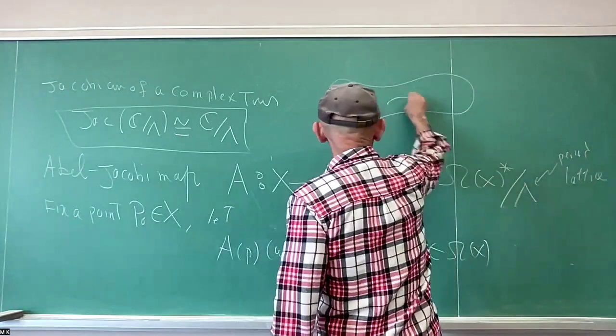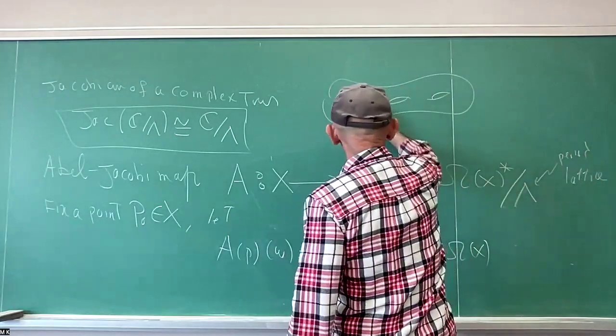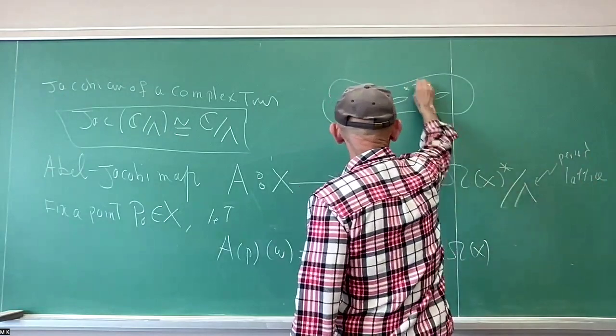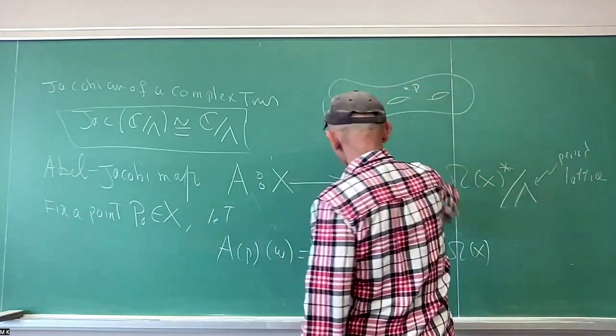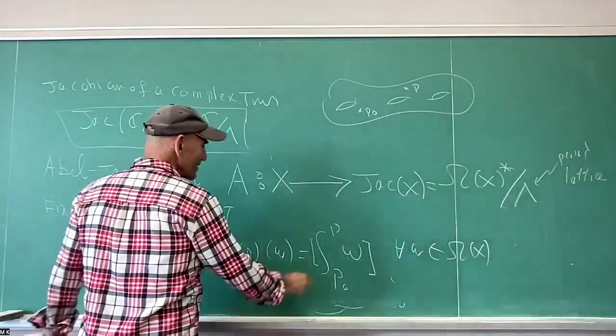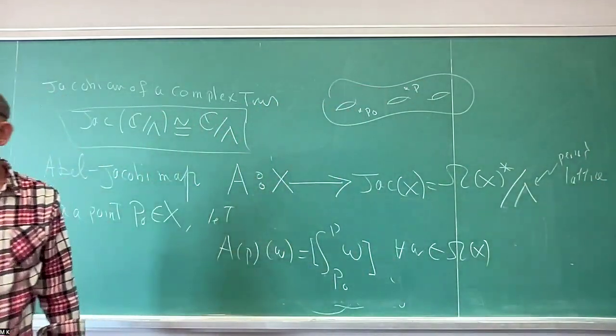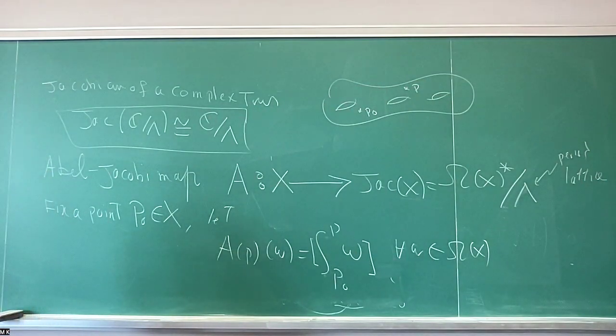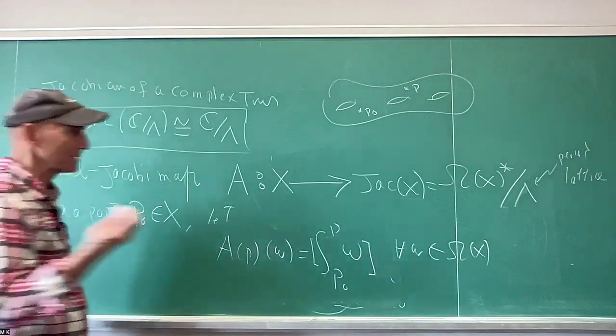So this is your surface again. You fix a point P0, and pick any point P, and now I said the integral from P0 to P. So there is a hidden ambiguity there, right? Along what path? That's a problem.